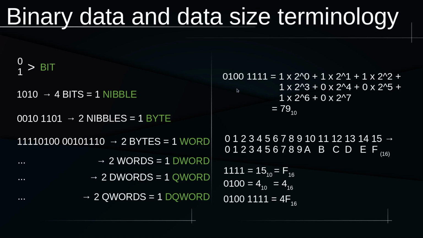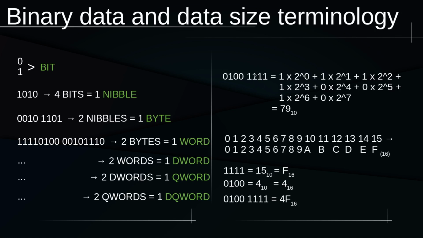So it starts with 0 and ends with 7. So, as I was saying, we start from right to left. So we have 1 multiplied by base 2 to the power of 0, which is the first index, plus this 1 here multiplied by the base 2 to the power of 1.